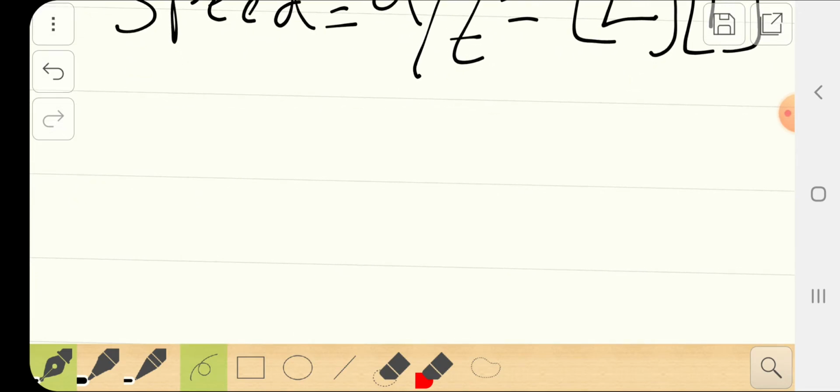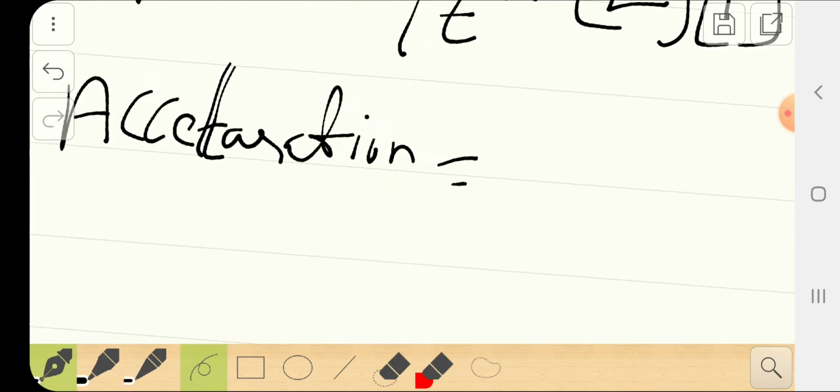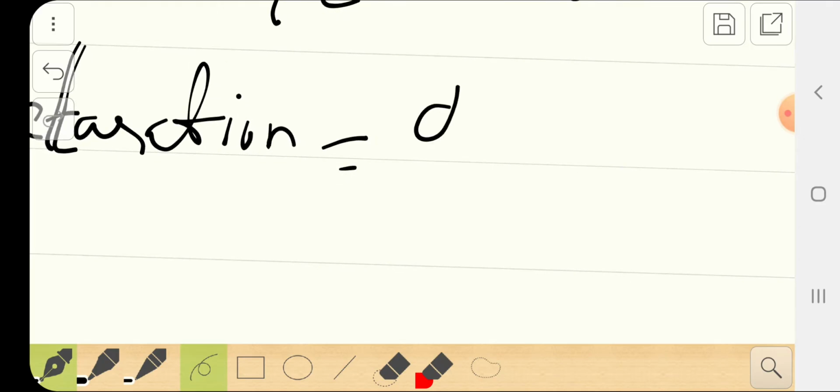And then there is acceleration, which is quite common. We will use it more, right? Acceleration. If you take acceleration, you have distance by time divided by time.